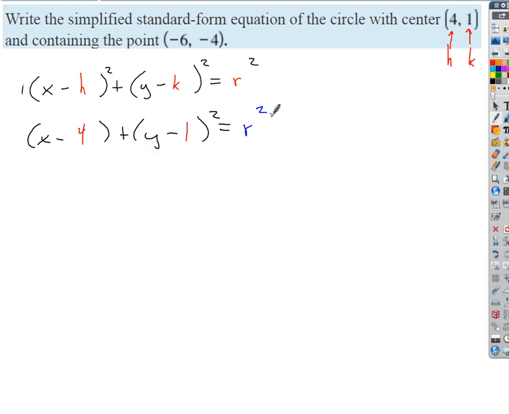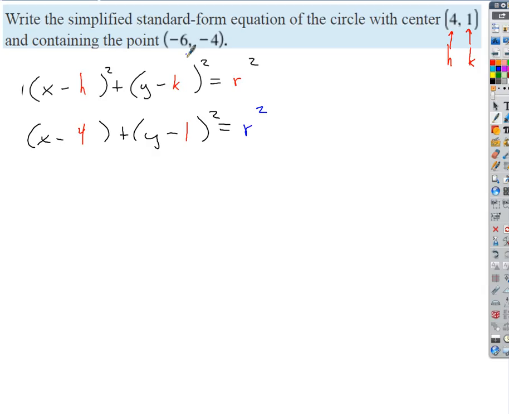I've got to know what r squared is. How can I figure out what r squared is? Brian had an idea, I think. Yes, we know that here's a value of x and y that has to work. This is a point that's on the circle, so it's a value of x and y that has to satisfy the equation. That's what the equation is for: defining all the values of x and y of all the infinite points on the circle.